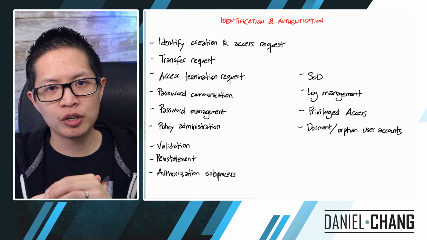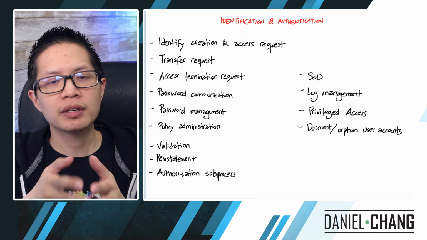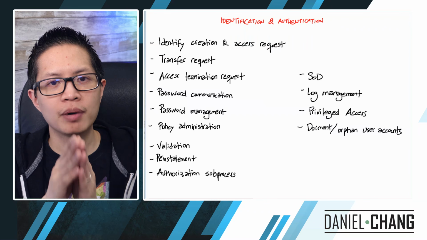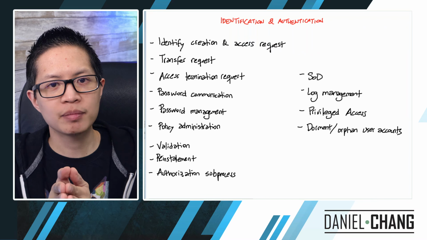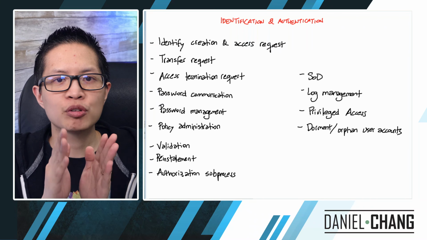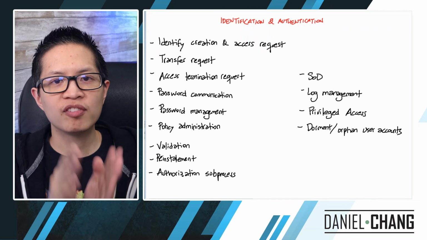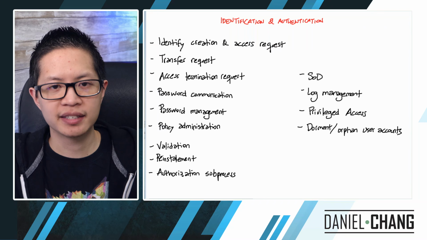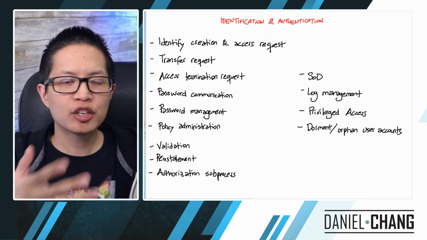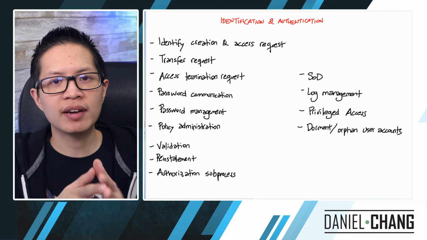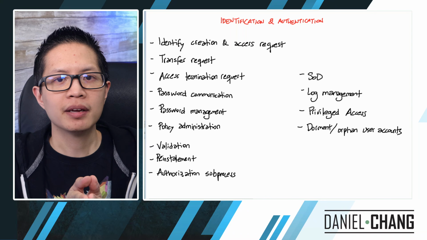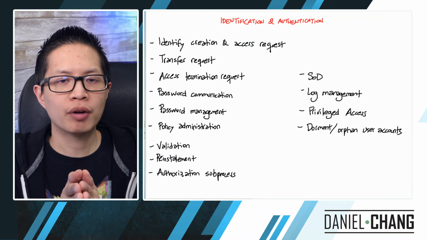That's why segregation of duties is very important, making sure that the users have appropriate access to the systems. But it's not just that. You also need to make sure that the access they have is not conflicting with other accesses. Log management: making sure that whenever you have any type of logs from the system, you are managing them correctly.